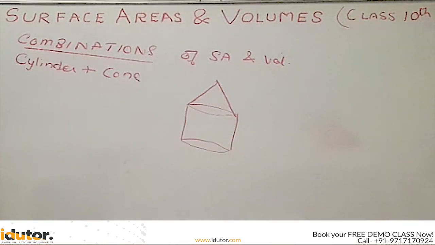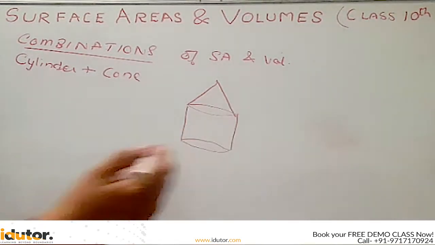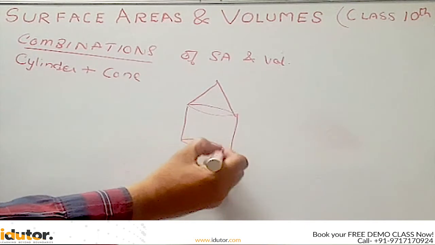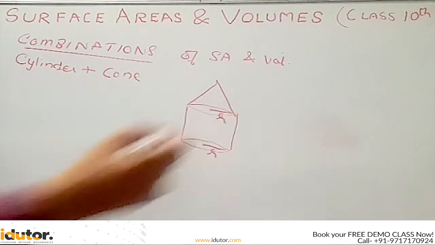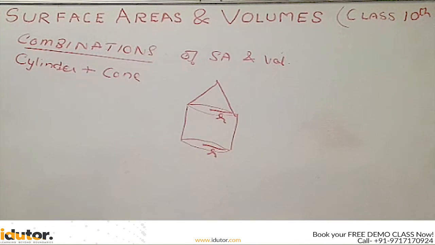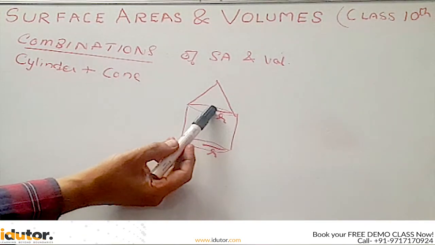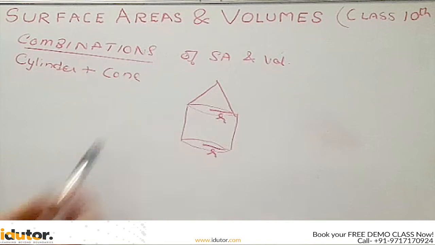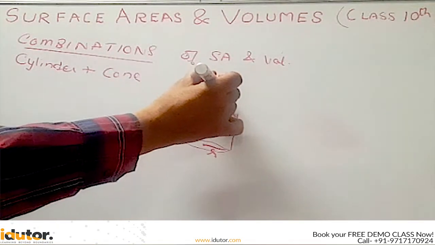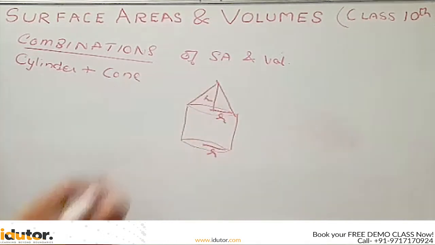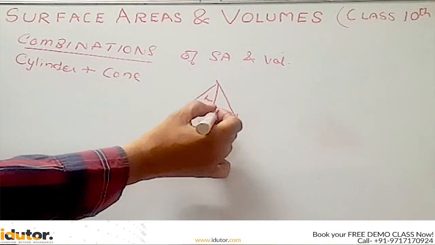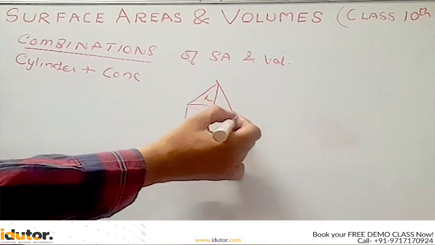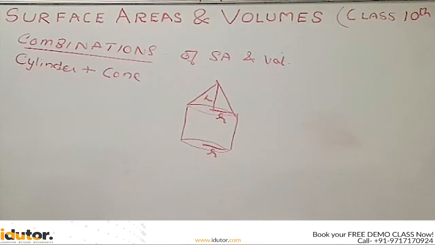Since this is a combination, we can say that the radius of the cylinder and the radius of the cone must be the same. Now, the height of the cone is different from the height of the cylinder.